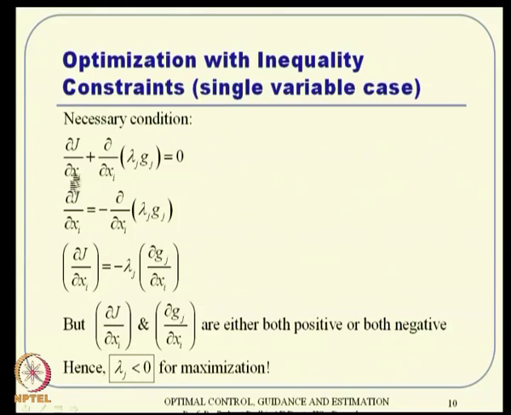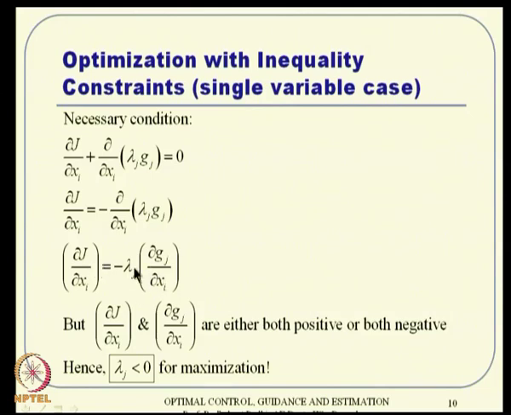So, that means del j by del xi equals that one, I take that to the other side. And because lambda j is not a function of x, I can take it out from there, and it turns out that this gives us another constraint equation, that this partial derivative and this partial derivative are related to each other through that.